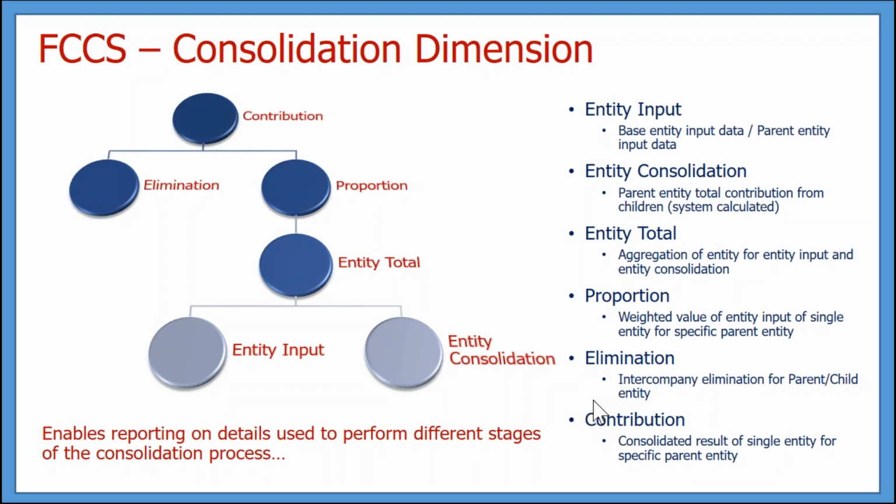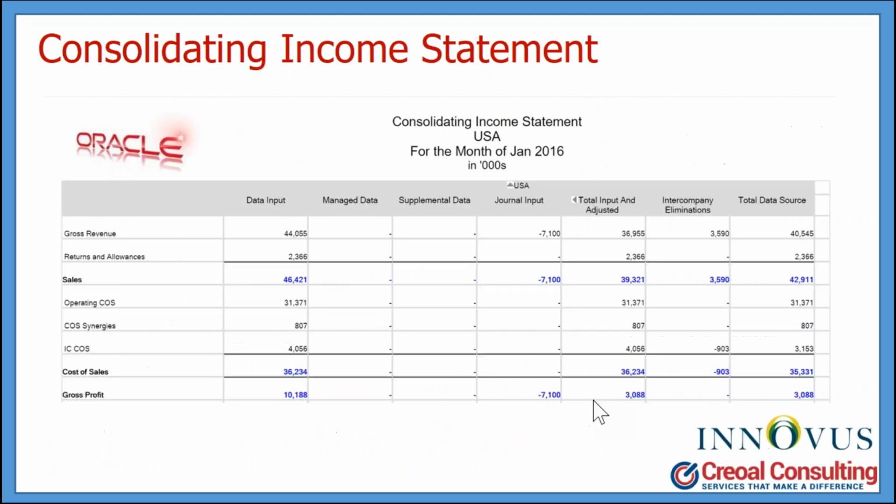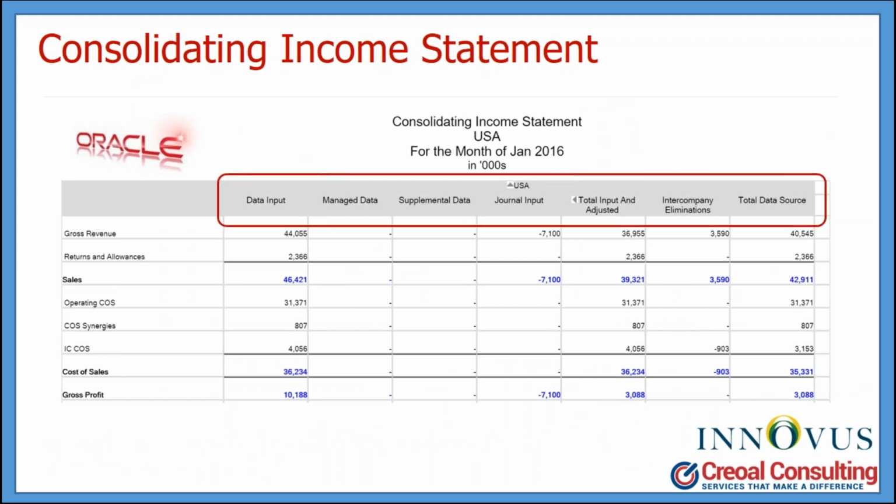But what's important to note here is that the way FCCS is able to capture and represent the consolidation, or the path of how data rolls up to the contribution, gets us to a type of report which you see here, where it allows you to look at a consolidated income statement for a particular entity and shows you the breakout of that consolidation.